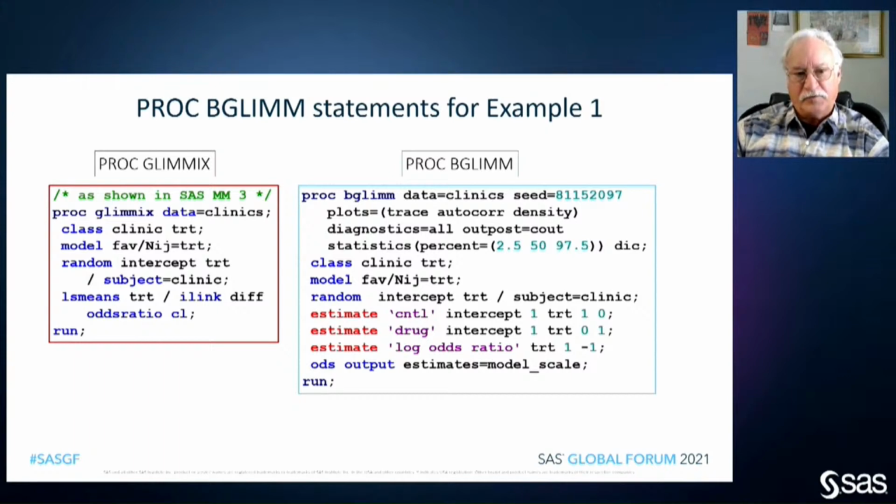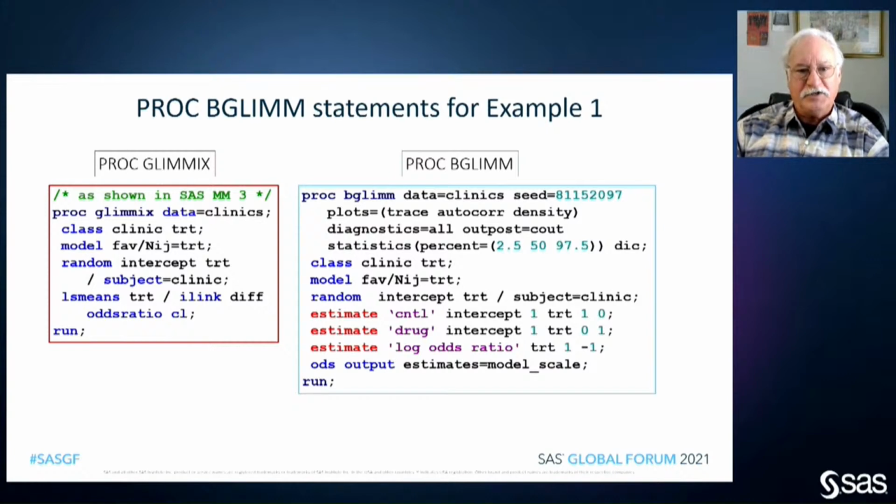The fixed effect is treatment. The random effects are clinic and treatment by clinic. And so what you see on the left-hand side here is the syntax for specifying those random effects in PROC GLIMMIX. Then you would ask for least squares means, you'd ask for differences, you'd ask for the inverse link, you might ask for the odds ratio, and you might ask for confidence limits.